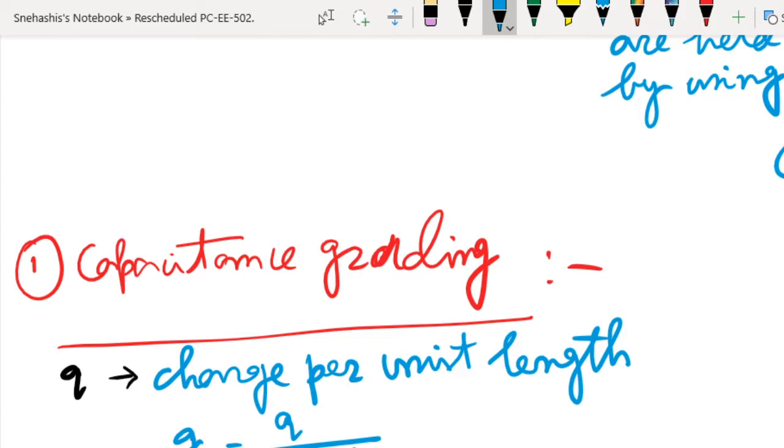Where epsilon is the permittivity, as is known to you.